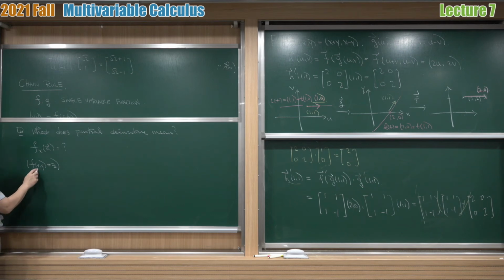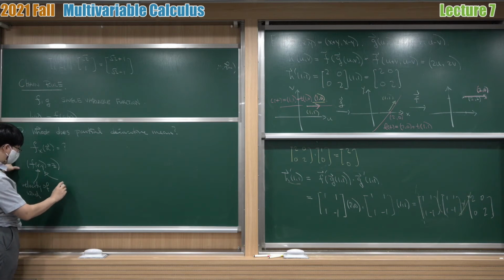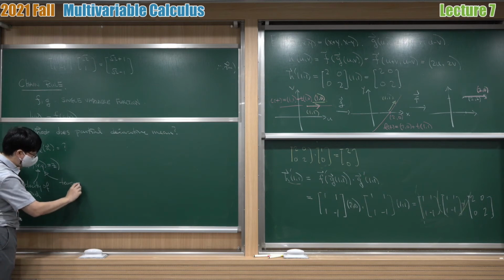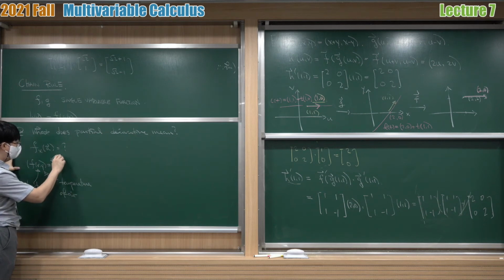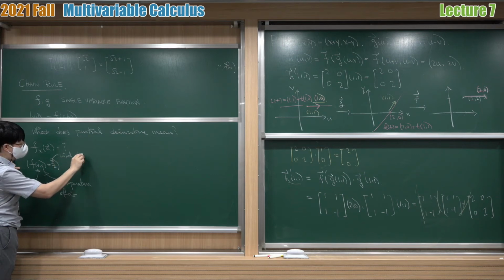So we have x as the velocity of wind, and y as temperature of air. And z is the wind chill. I'm not sure it's right.